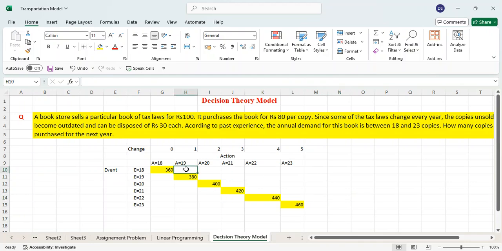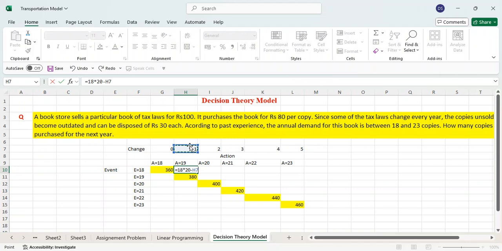Suppose market demand is 18, but you have kept 19 books. Then you have 18 books already sold out. You kept 19 books, once you sold 18 books, then what should be your profit? This much. But one book has not been sold out, and that particular book has been purchased at 80 rupees, and the resale value of that book is 30 rupees.